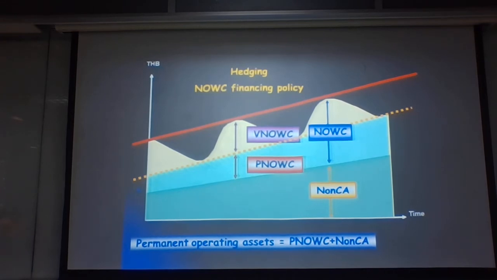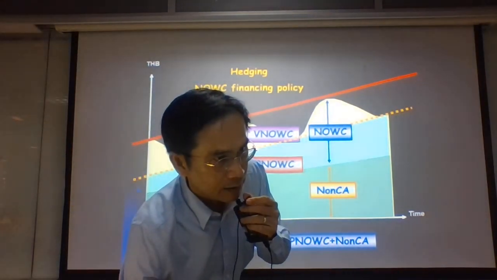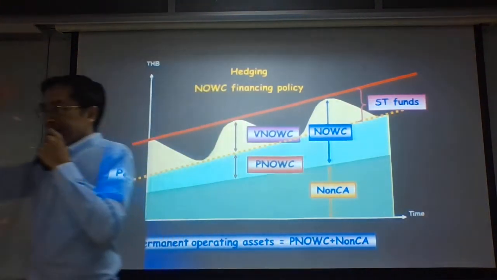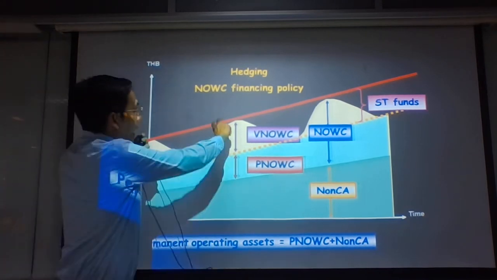And with this line, you can see that principle number 1: the firm uses short-term funds to finance the whole part of variable net operating working capital.